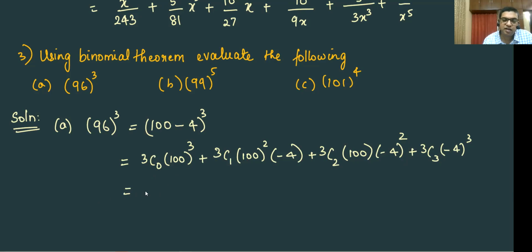So this is 1, this is 100 cube, so 10 to the power 6. Then this is minus 3 into 4, 12. Plus 3C2 is again 3, 3 into 16 is 48, so 4800. Last term minus, 3C3 is 1, 4 cube is 64.